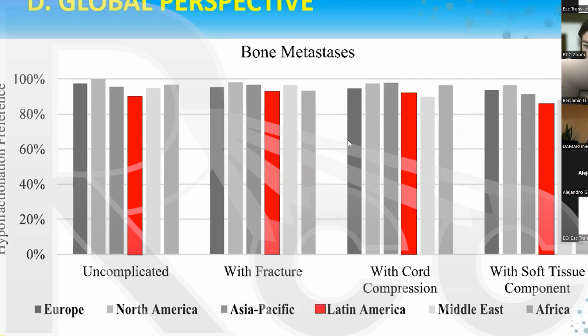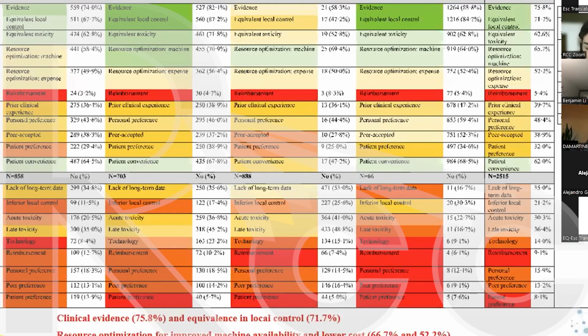For bone metastases, we don't have any inconvenience in the use of this type of treatment. But the most important thing, when we analyze why we are looking as clinicians to start to use some technology, is that the clinical evidence has a very important role, and these uses have clinical equivalence like 71% of local use.